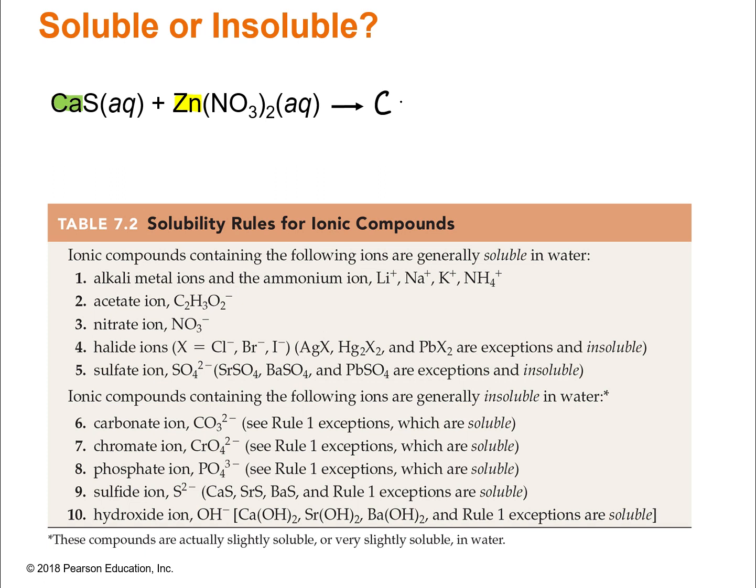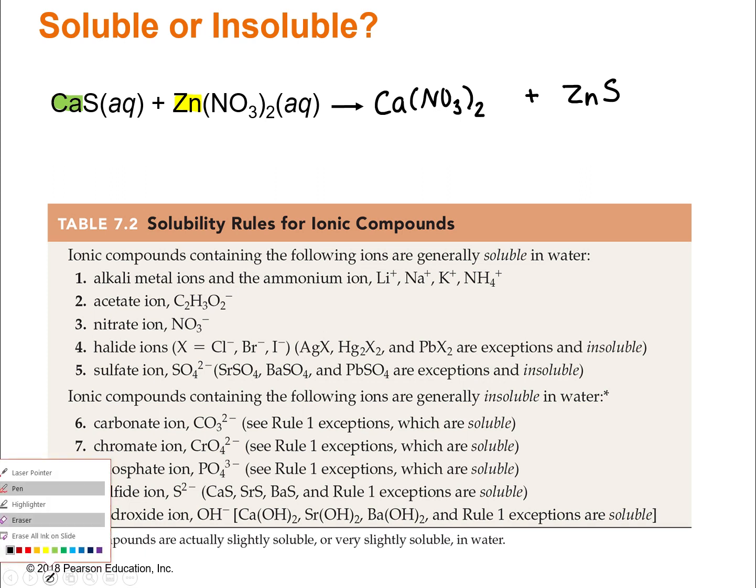So I'll have calcium nitrate instead. And the zinc will now be with the sulfur. That's the easy part. You swap ions. Now we need to ask two questions.